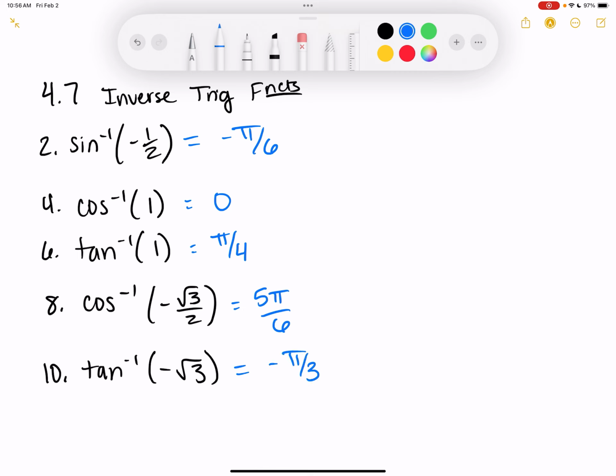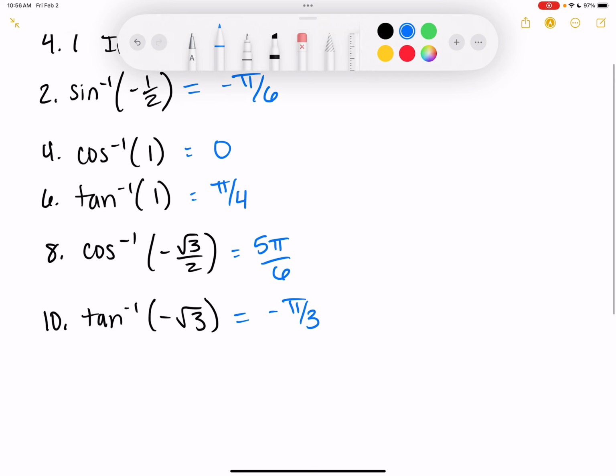So we're just going on the unit circle. It's like it's just starting on the other side. So basically for sine and tangent, we disregard everything over here. For cosine, we disregard everything down here. Up here, these are normal: pi over 6, pi over 4, pi over 3, pi over 2.